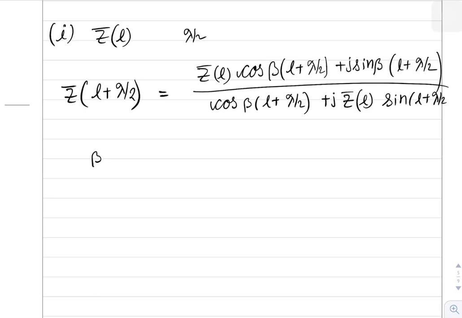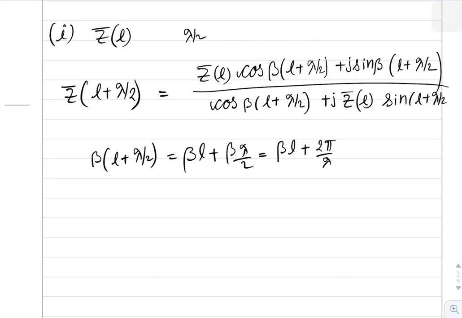We have a term beta times L plus lambda by 2, which I can write as beta L plus beta lambda by 2. We know beta is 2 pi by lambda, therefore I can write it as beta L plus 2 pi by lambda into lambda by 2. Lambda gets cancelled, 2 gets cancelled, the remaining value is beta L plus pi.